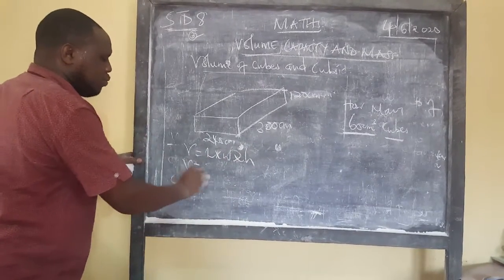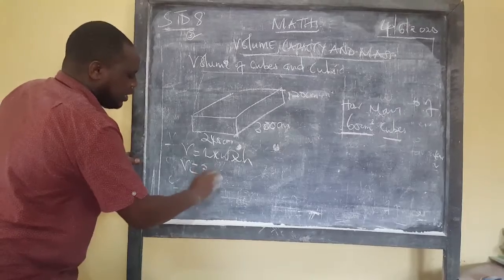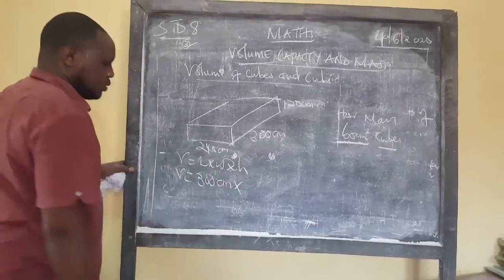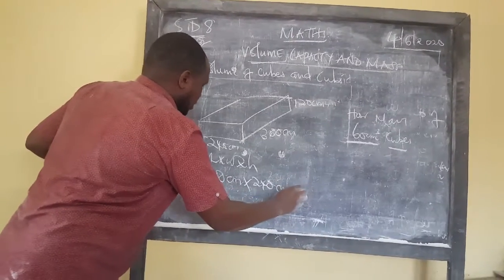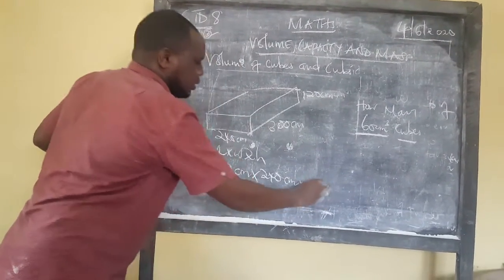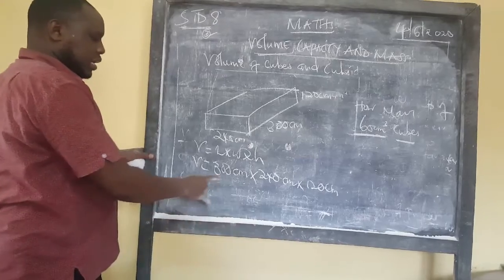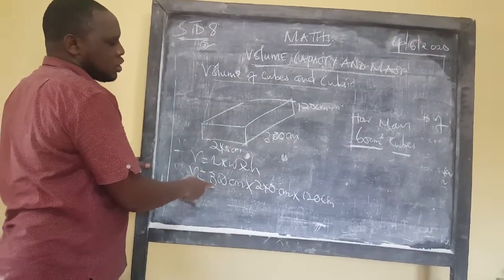In this case, our volume will be the length 300 centimeters times 240 centimeters times 120 centimeters, in which it will give you this, 72 times 12.